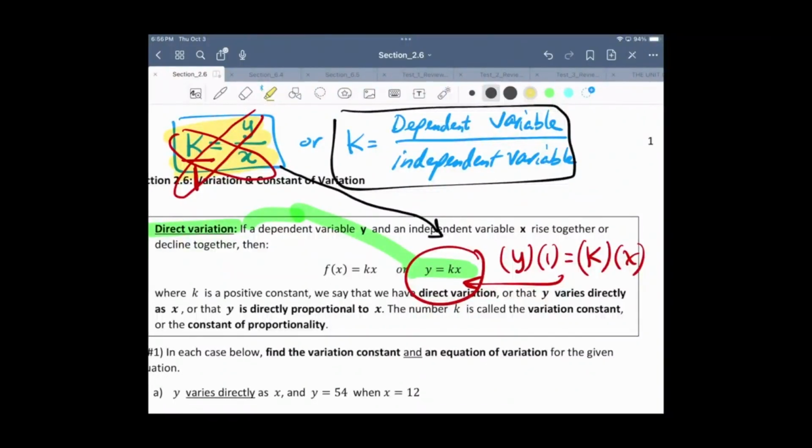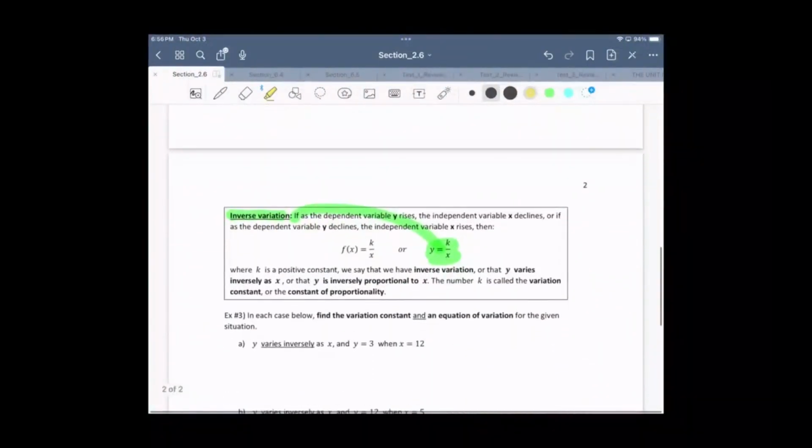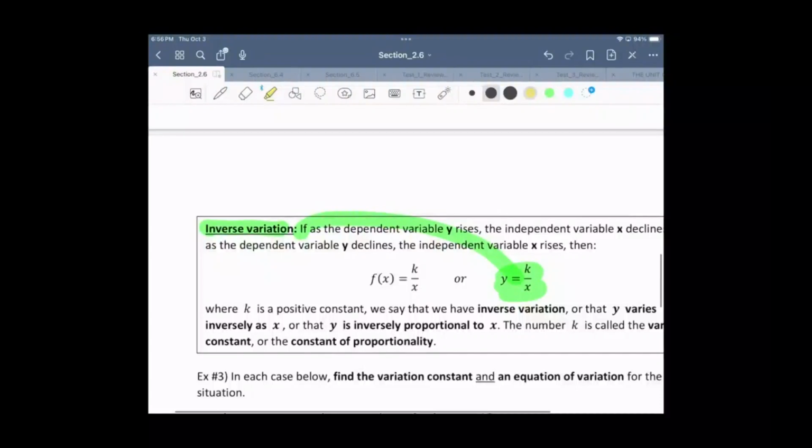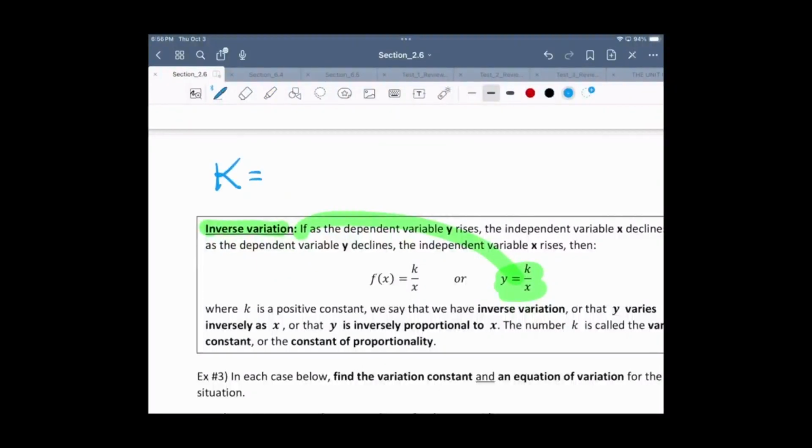That's direct variation. Now, with inverse variation, once again, we begin with the principle that k is equal to y over x, right? Just like before. It's the ratio of the dependent variable divided by the independent variable. But because the variation is inverse, we're going to replace x with 1 over x because the relationship is inverse.